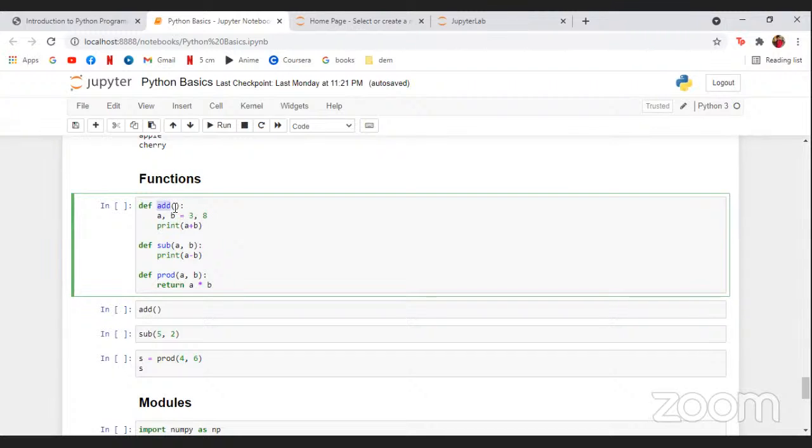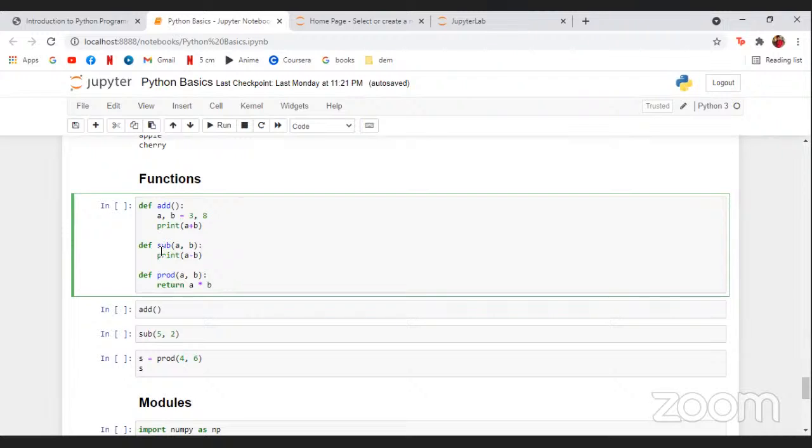And I've opened and closed two simple parentheses. Every function is followed by an open and a closed bracket. That's what marks it as a function. And this is a colon because we are creating a block. So I've specified A and B as 3 and 8, and I'm printing A plus B.